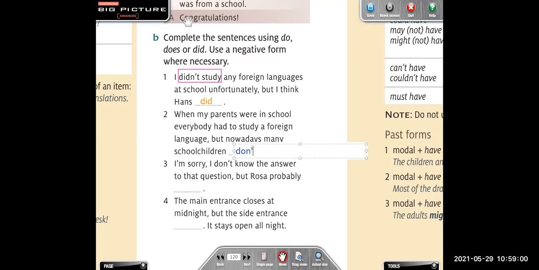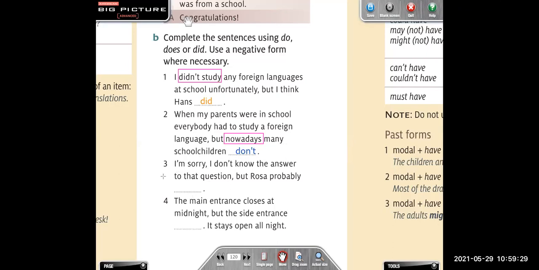Not doesn't, because we are not talking about third person. School children is they don't. Why do we use present and not past? Because it says nowadays, in these days, actualmente, nowadays. Okay, this is in the past, but nowadays, many school children don't, right?